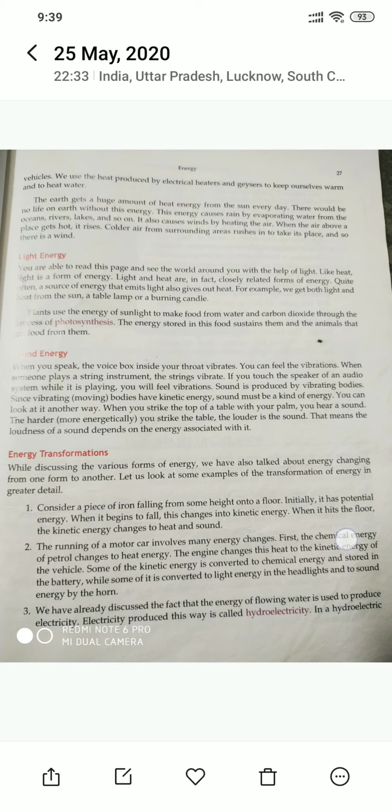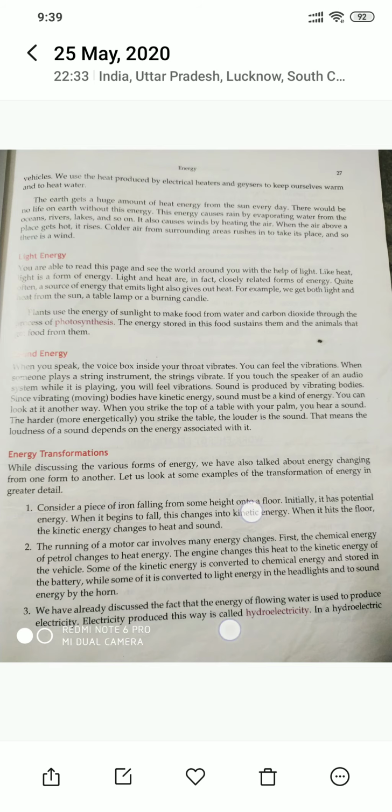All the potential energy will be converted into kinetic energy, and as soon as it hits the ground, the kinetic energy will also become zero, and where will it go? It will be converted into heat energy and sound energy, right? Because as soon as it hits, its motion will be ceased, right? So when it stops, all the kinetic energy will be converted into heat energy and sound energy.